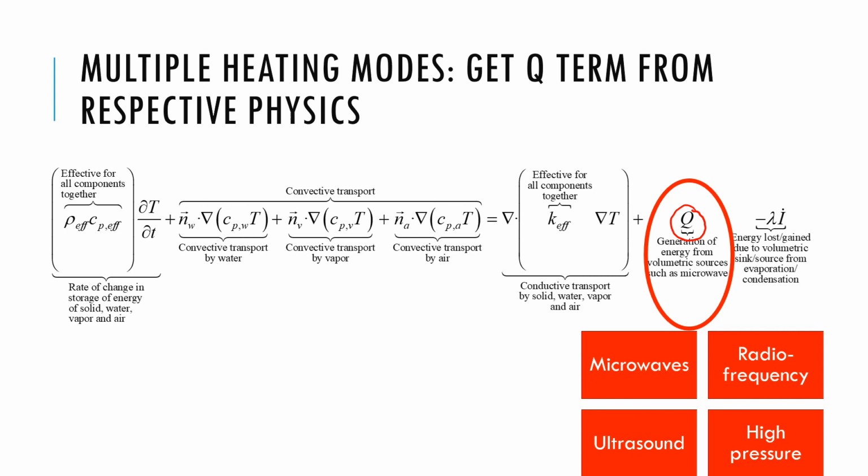So in all of these physics, the physics will provide information on Q. So it will typically provide an expression for Q as a function of the parameters of that heating. Let's say for microwaves, then it will be electric field and dielectric properties and so on.